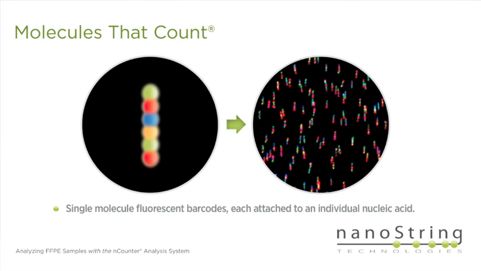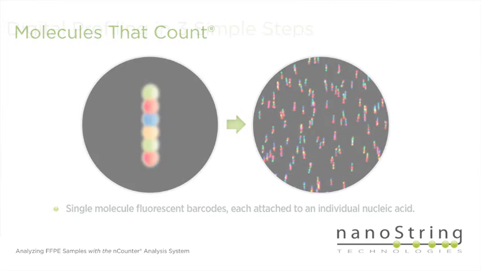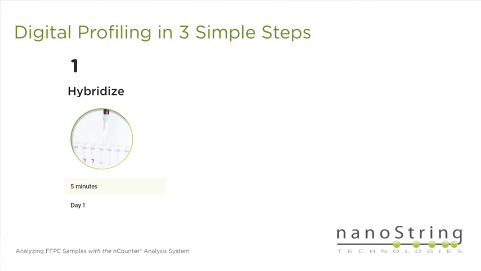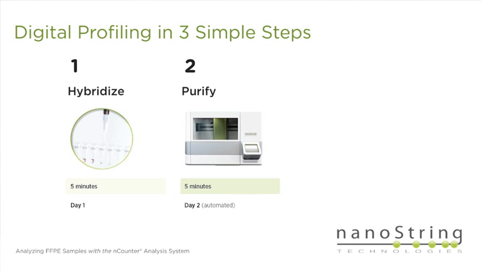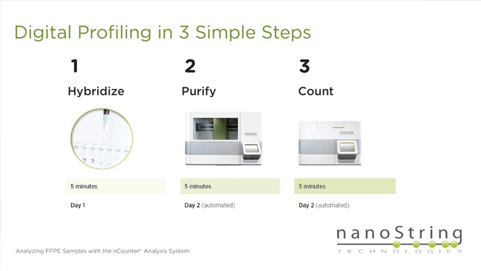In addition, specific criteria for counting barcodes results in a very low false positive detection rate of around 0.1%. All purification, sample loading, and scanning steps are automated and handled by the prep station and the digital analyzer. In the next few slides, I'll show you some nCounter data from FFPE samples.